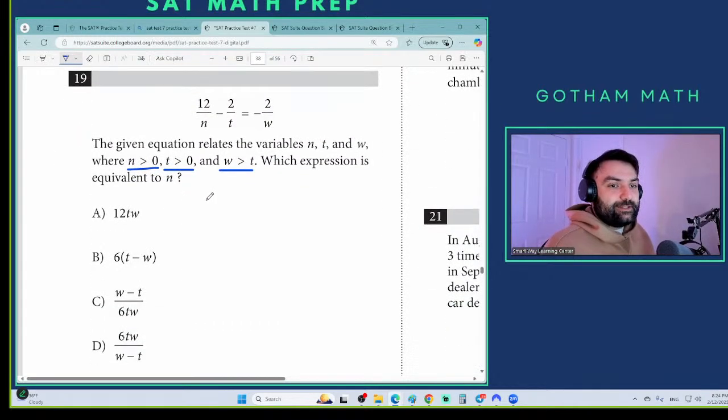Okay, so this is straightforward. We just have to solve for a variable, and it has to be one of those answers. Let's do it and we'll see what's going on here.